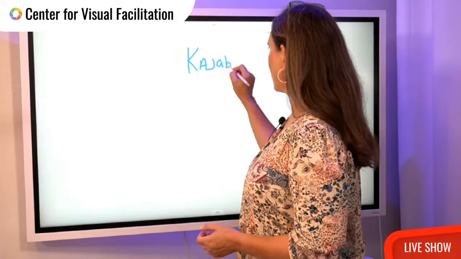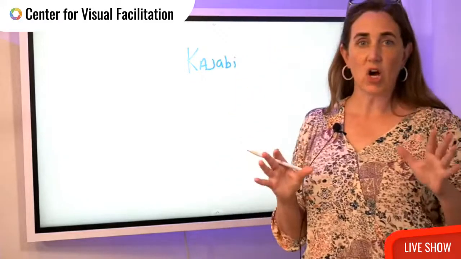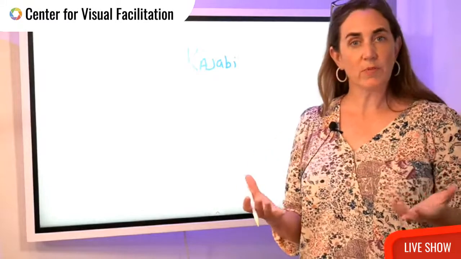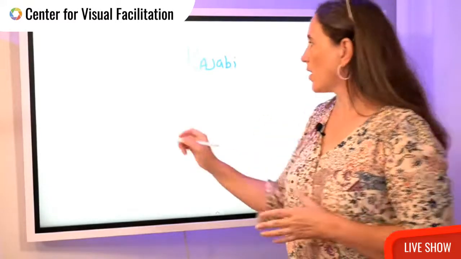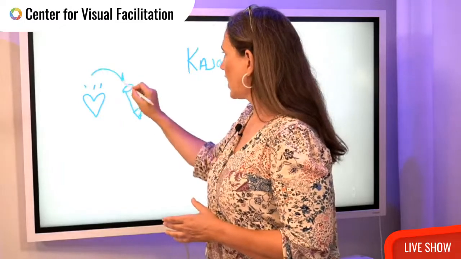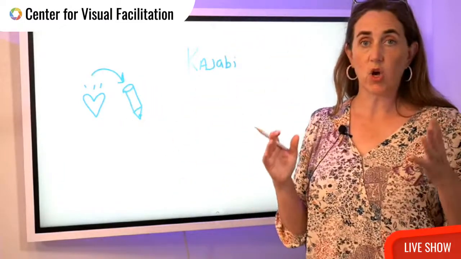So Kajabi is an all-in-one platform. And what does that mean? When I started building my online business, I knew that I was passionate about visual learning. I loved teaching people how to start using visuals at home, school, and work.